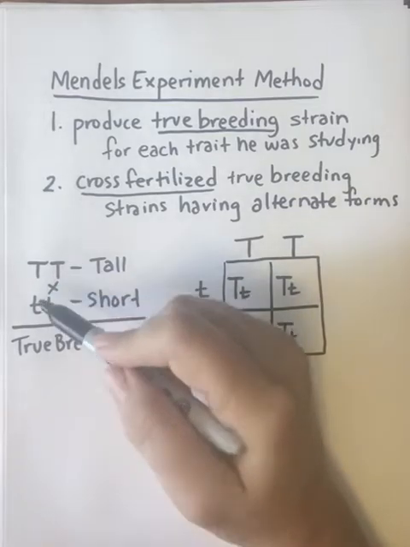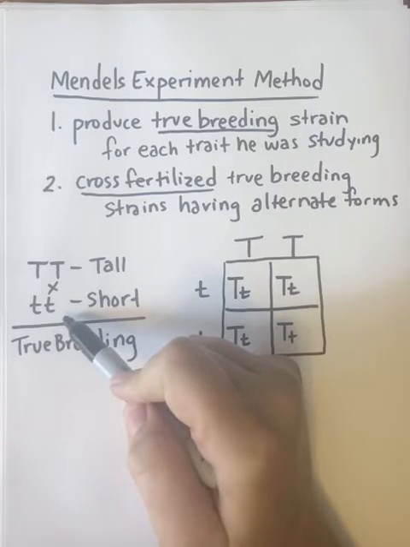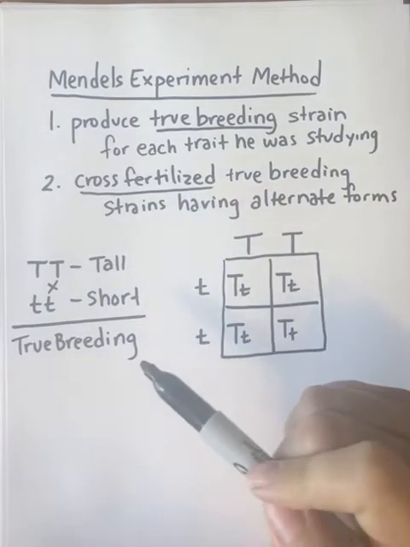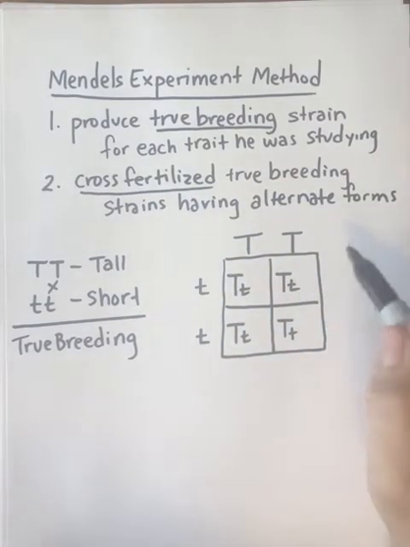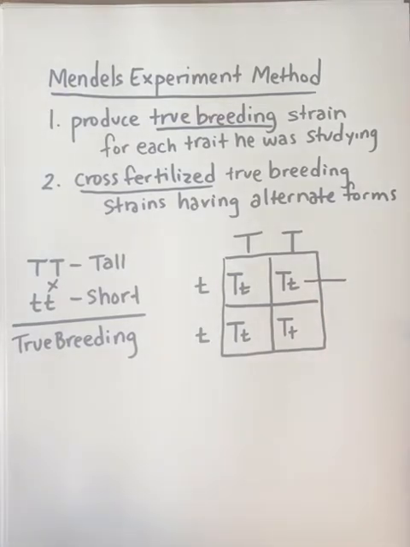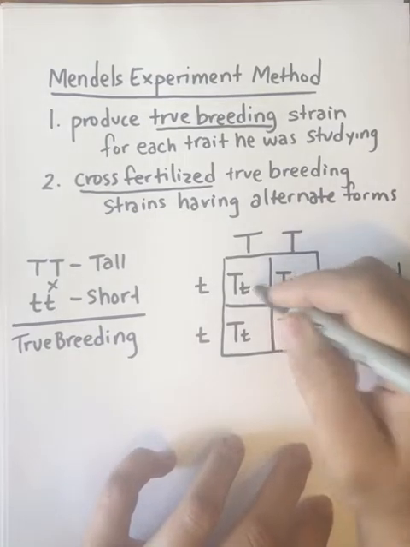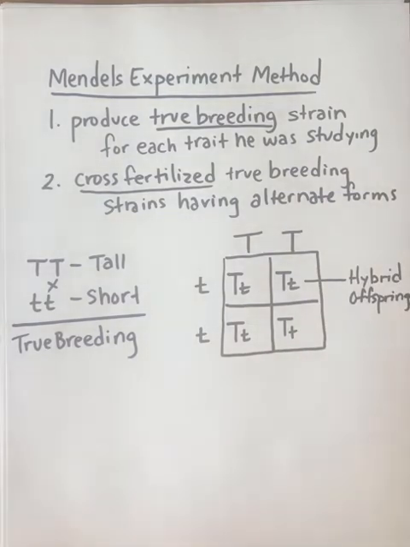The X represents that you're crossing a tall plant versus a short plant. They're cross-fertilized, and then the babies, or the offspring that are produced, are called the hybrid offspring. And the big T and little t represent their genetics.